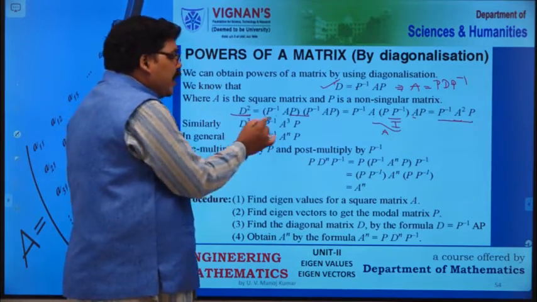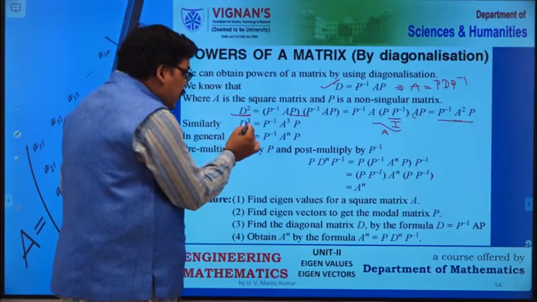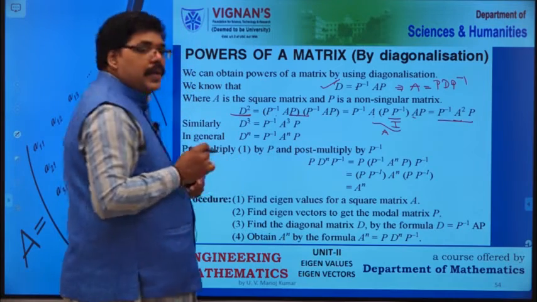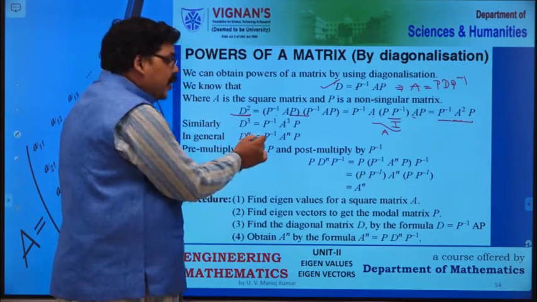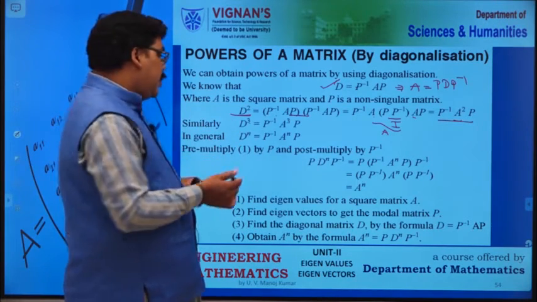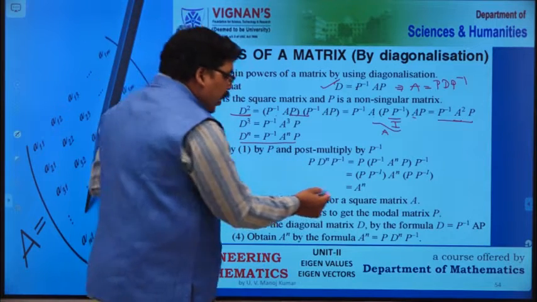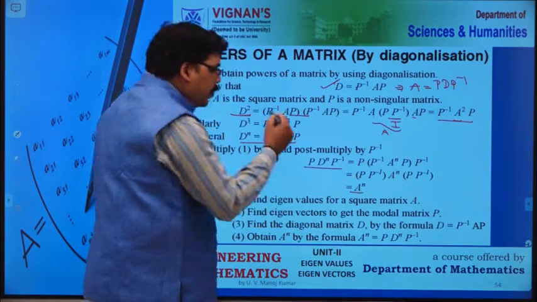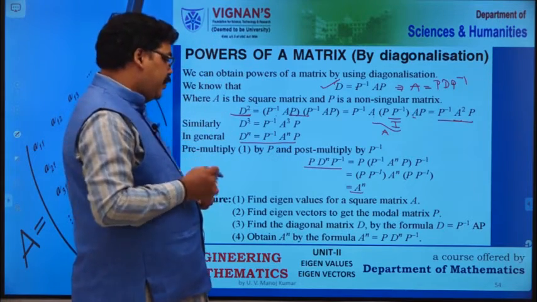Similarly D cube becomes P inverse A cube P. See, the powers are the same. So we can generalize this as D power n becomes P inverse A power n into P. So from this you can write A power n equals P D power n P inverse.